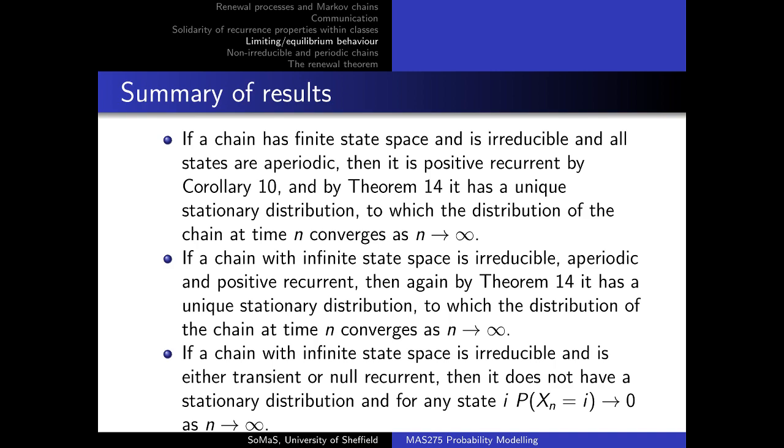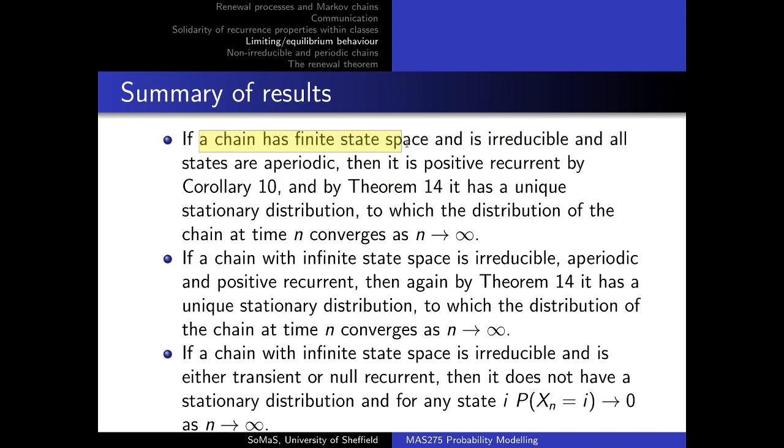So the big thing we did last time was prove theorem 14, which said that in a Markov chain which is irreducible, strongly recurrent, positive recurrent, and aperiodic, then the distribution of the chain at time n converges to the unique stationary distribution. So this slide kind of breaks it into two.